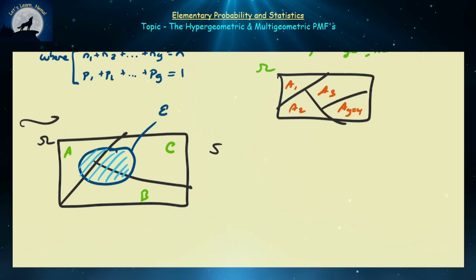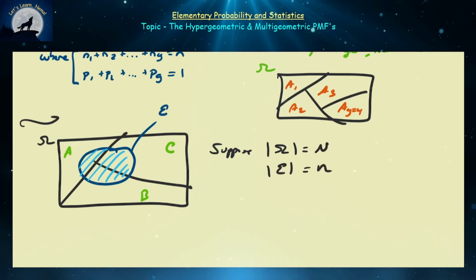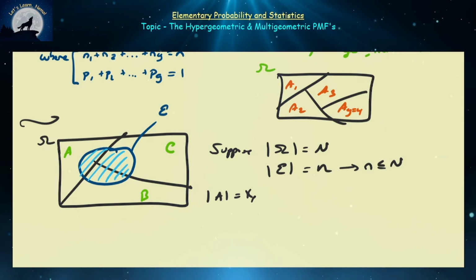And let's also suppose that we know the size of our probability space omega, that's going to be equal to capital M. Let's assume that the size of the event space is equal to little n, and obviously we should know that n is less than or equal to capital M. Let's also assume that the size of A is known, let's call that Ka. The size of B is known, let's call that Kb, and the size of C is known, let's assume that's Kc.